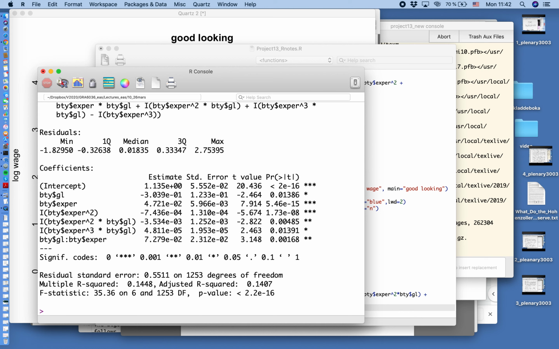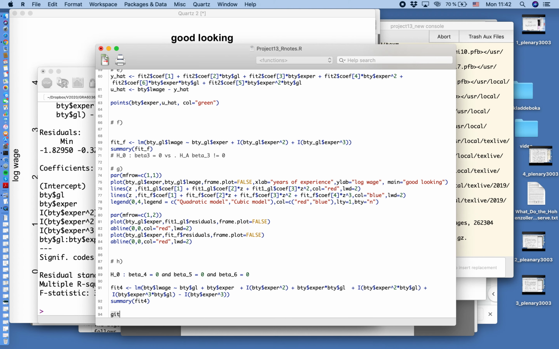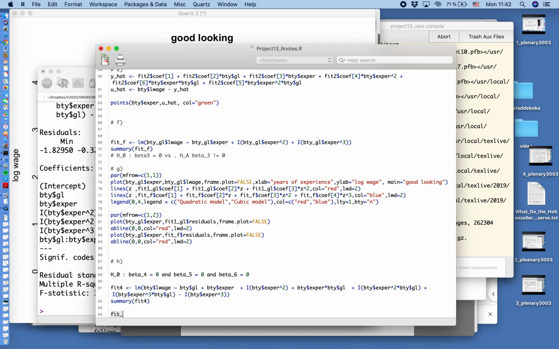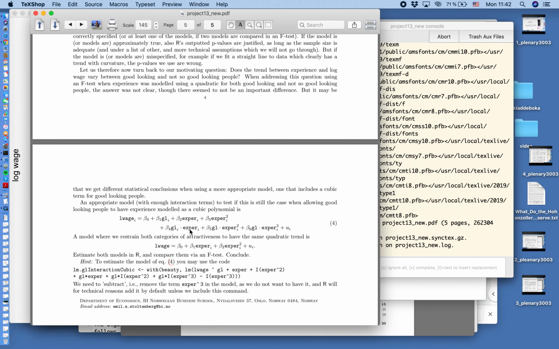Well, here it is. Now we're looking at the individual tests, but we want to do an F-test to compare this model to a simpler model. I guess we already fitted that model, but let's do it one more time. This is fit age, the simpler model. Is it this model?